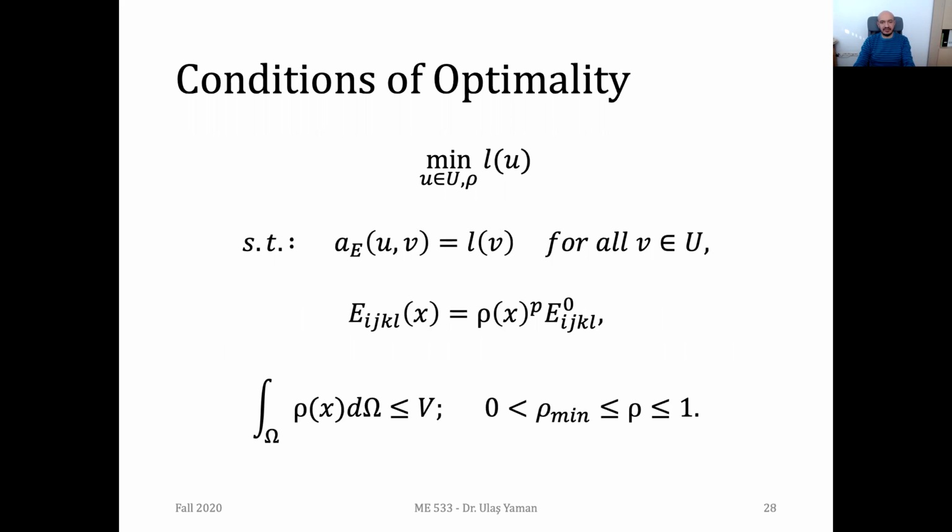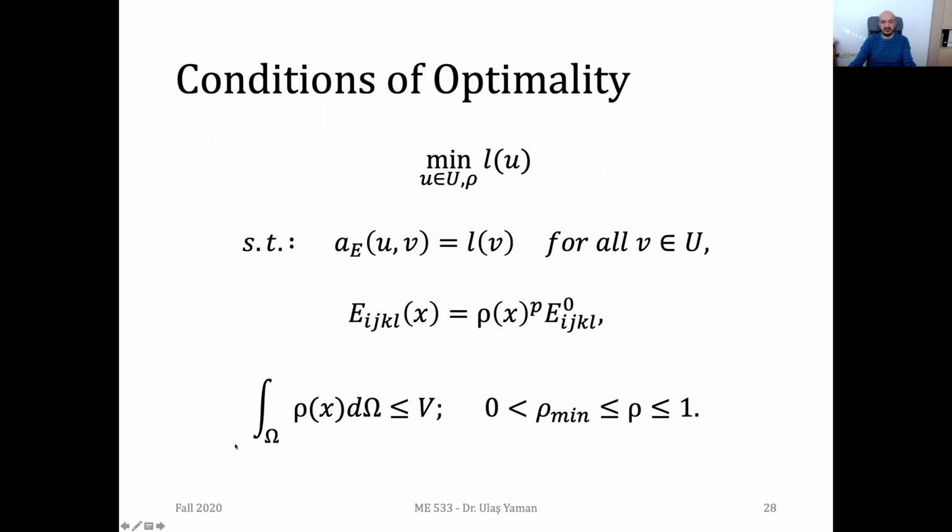So now let's go back to our formulation once again. This is our bilinear energy form. We have the stiffness tensors, and these stiffness tensors depend on the density function, the penalization factor, and the initial stiffness of our, let's say, isotropic material.